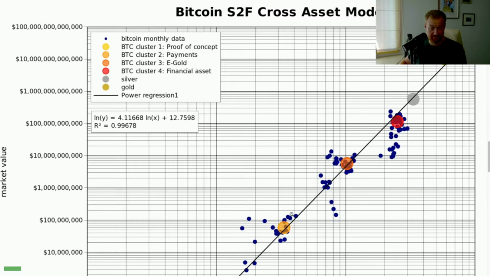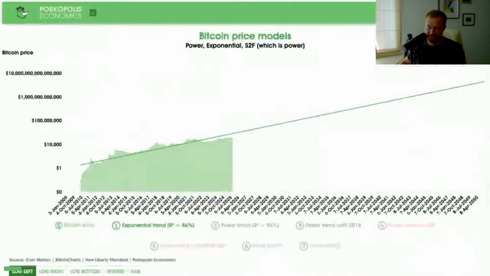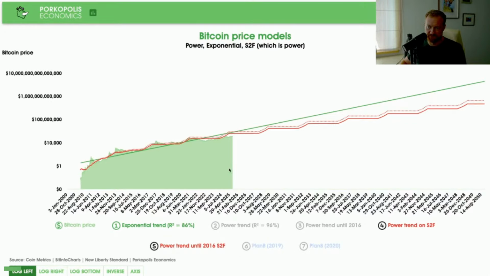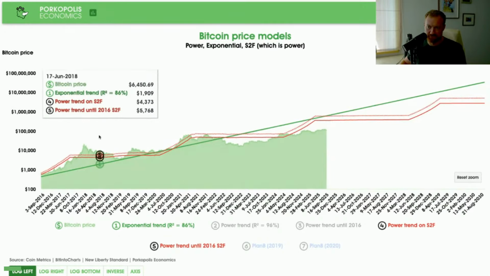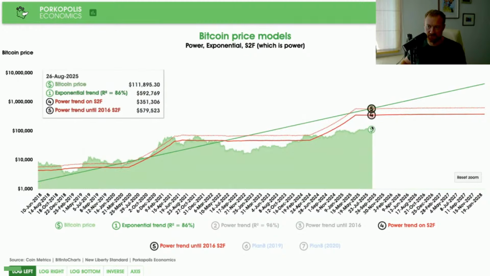Bitcoin, as you see, this is correct, obviously. Bitcoin moves in a power relationship with stock to flow because Bitcoin moves in power. But it's kind of a ham-fisted one. It's not as accurate. As I've tried to show many times, if you look at the predictability of the 2016 stock to flow versus the all-time stock to flow, should I give you a precise figure? 578 divided by 350.